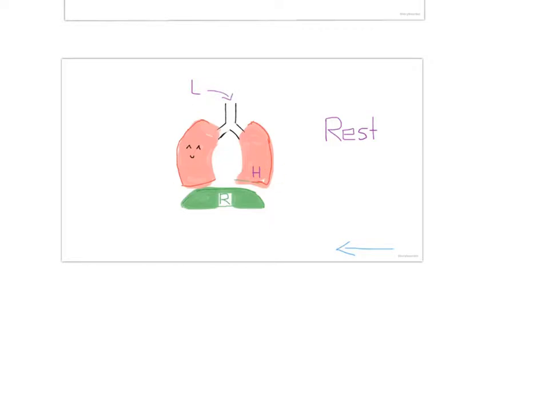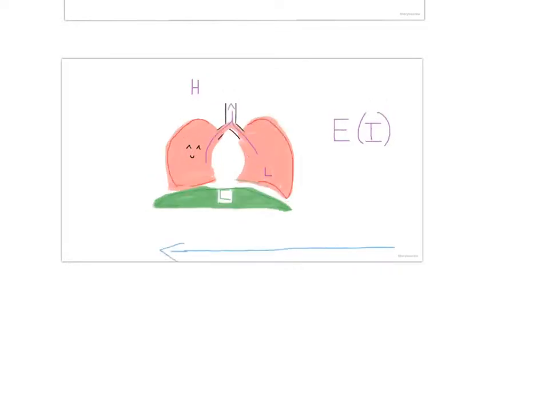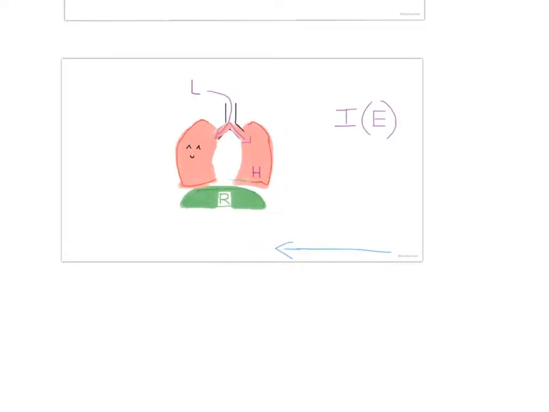Continuing on, it's going into the inverted state, and then just going back a little bit. So I put I and E here. I means inspiration or inhalation, and E is exhalation. In this case, it looks like it's inspiration here because air is being drawn into the lungs. However, it's actually exhalation in reverse, and that's because time is going backwards.